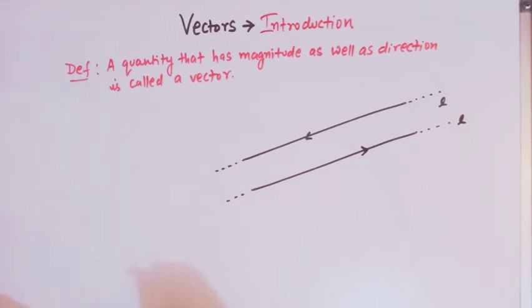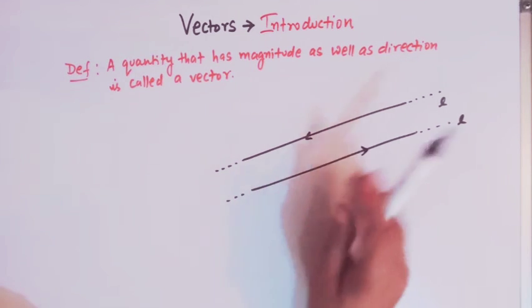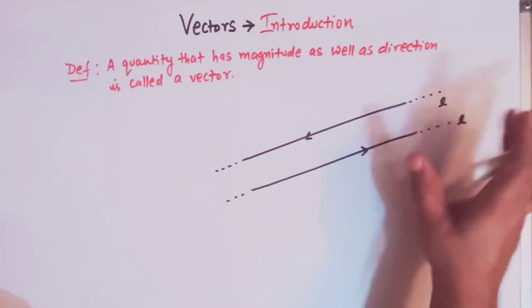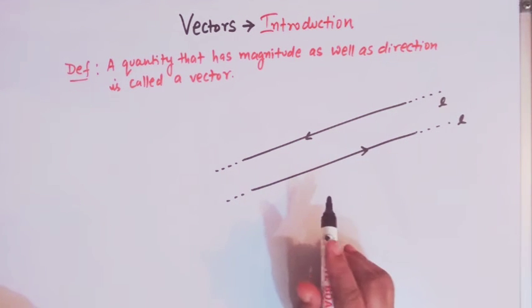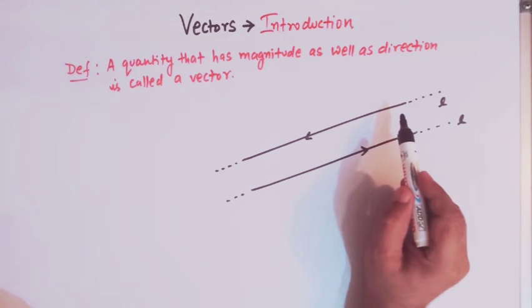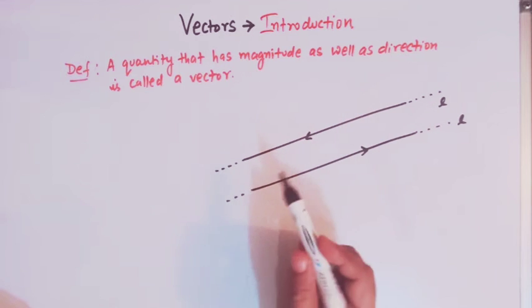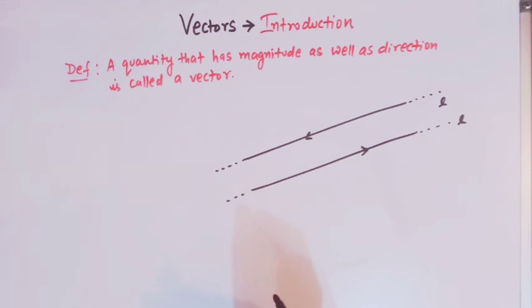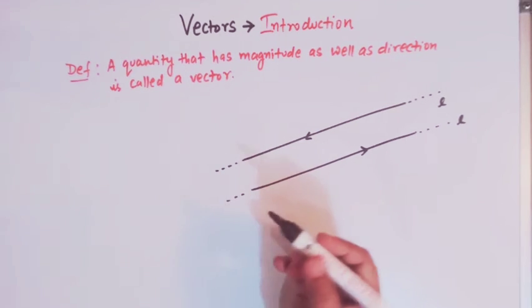Now we know that a straight line in space extends in both the directions, and if we take a line segment of this line in a particular direction, then such a directed line segment is known as a vector, right?